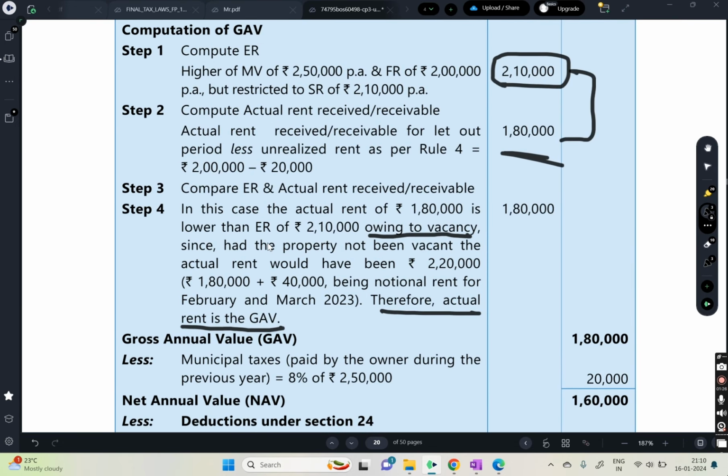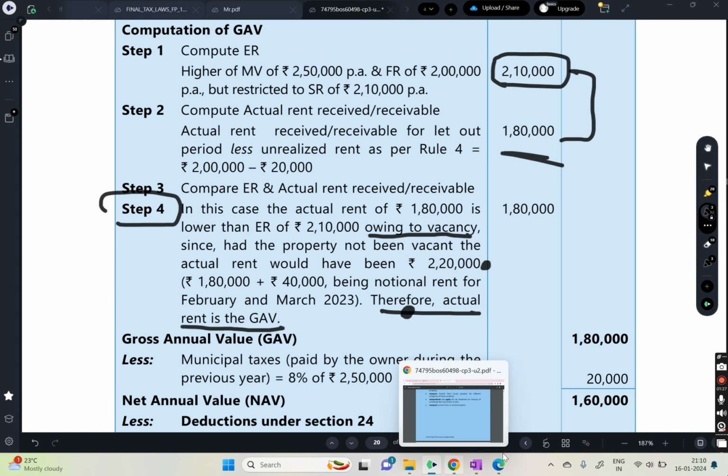Now if you see step 4, in this case the actual rent is 1,80,000, lower than the expected rent owing to vacancy. Had the property not been vacant, the actual rent would have been 2,20,000, being the notional rent for February and March 2023. Therefore the actual rent is the GAV.